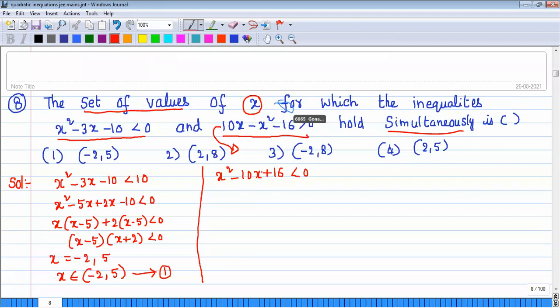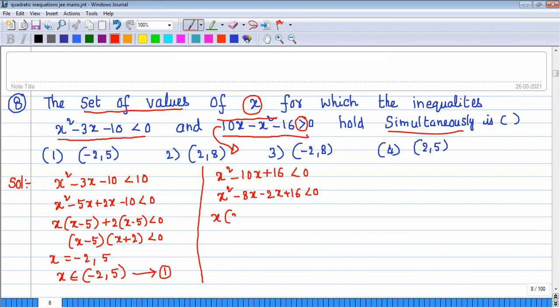So multiply with the negative sign on both sides. This becomes minus 10x, and minus x square becomes plus x square. So this symbol reverses. So we get x square minus 8x minus 2x plus 16 less than 0.